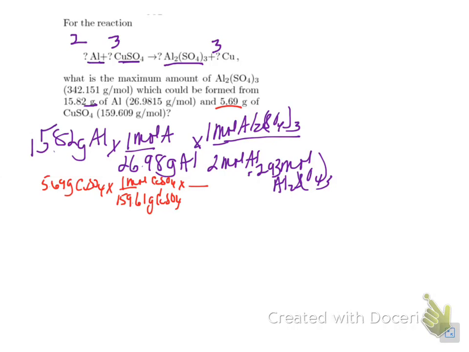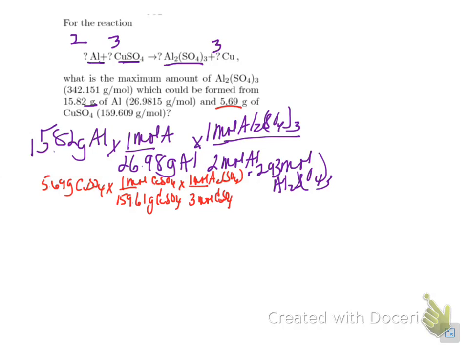And what I know from the balanced equation is that 3 moles of copper sulfate make 1 mole of aluminum sulfate.